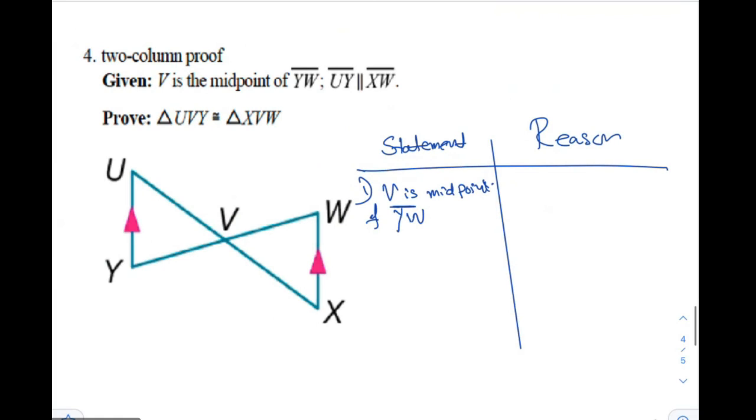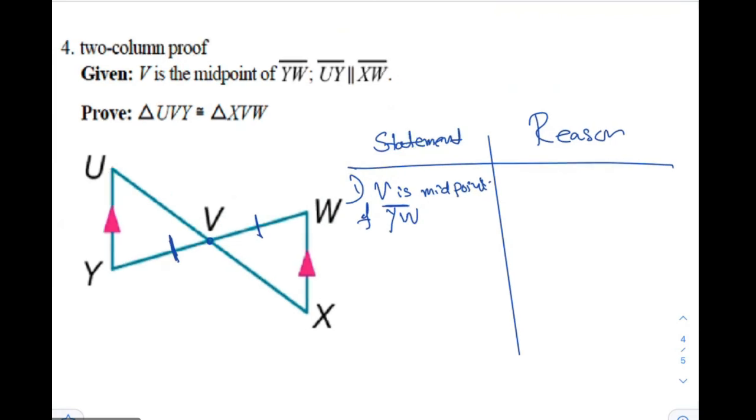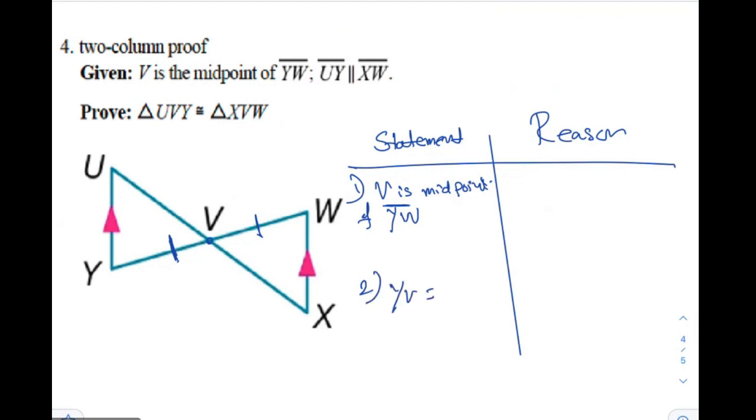So YW is cut, V is the midpoint. So it is cut directly. So from this statement, you can say that YV is congruent to VW, by the midpoint theorem or definition of midpoint.